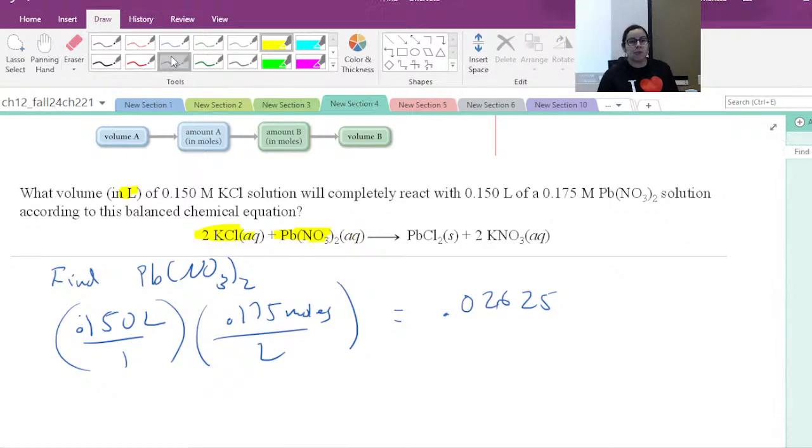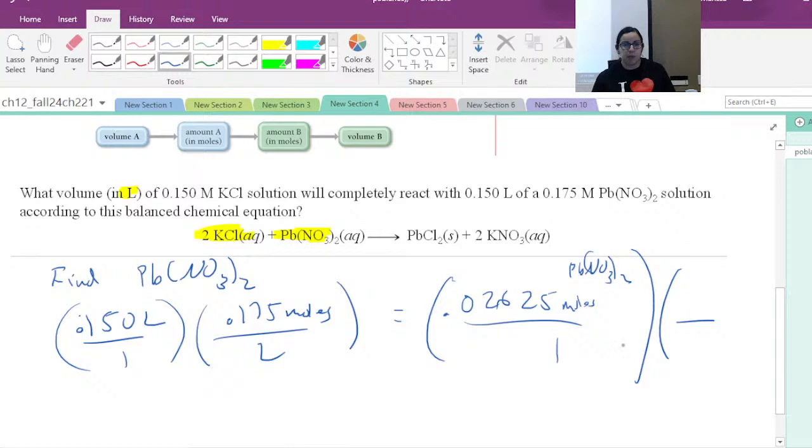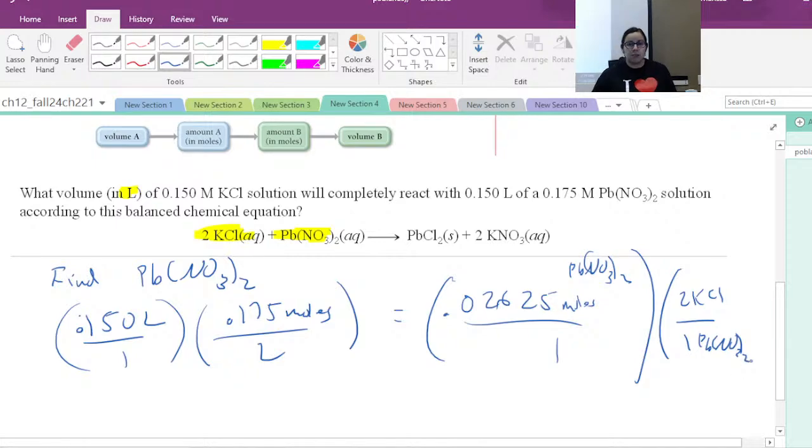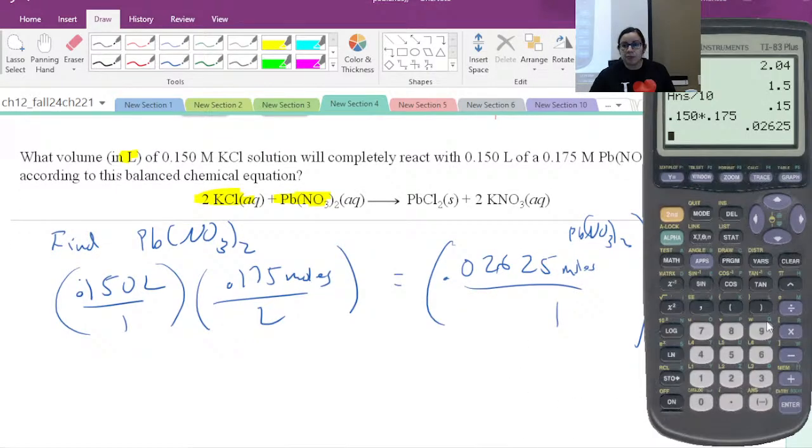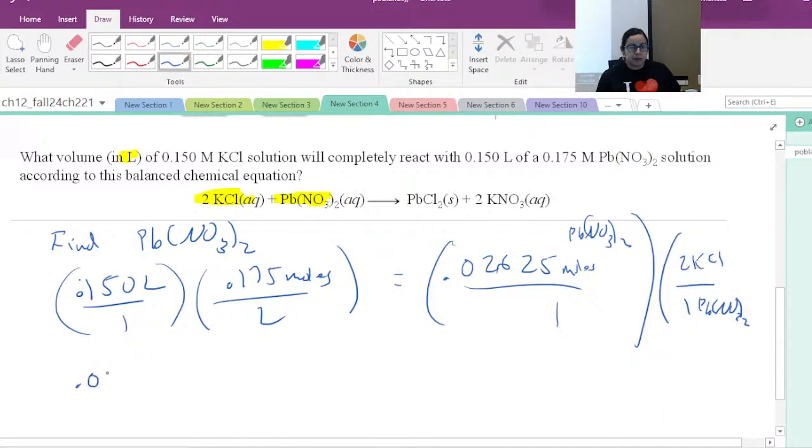Excellent, we look at our equation. Let me write moles Pb nitrate here, just being explicit: 2 potassiums for every 1 lead nitrate. Looking good. Now we can say we need 0.0525 moles of potassium chloride to react.